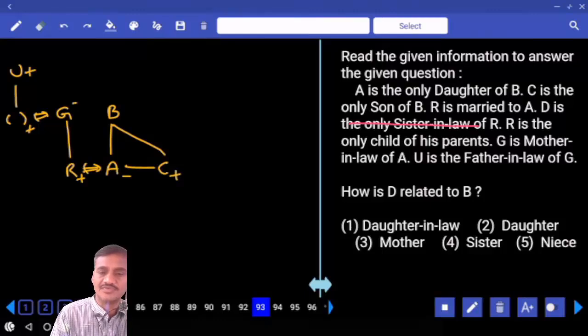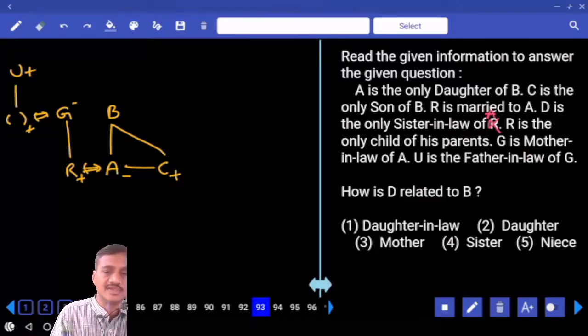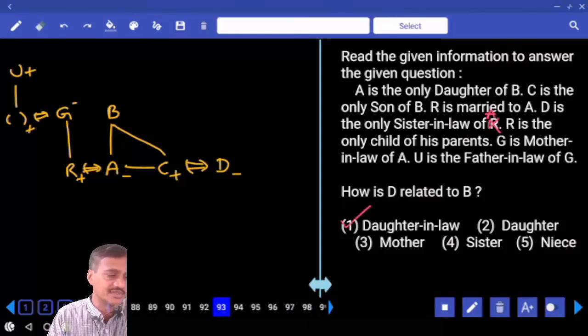Only sister-in-law of A. Here, instead of R, put A. And D is the only sister-in-law of A. If D is the only sister-in-law of A, that means A's brother's wife. A's brother is C, brother's wife is D, then D is the only sister-in-law of A. Then next one, how is D related to B? B is the son's wife. Son's wife is daughter-in-law, choice 1.